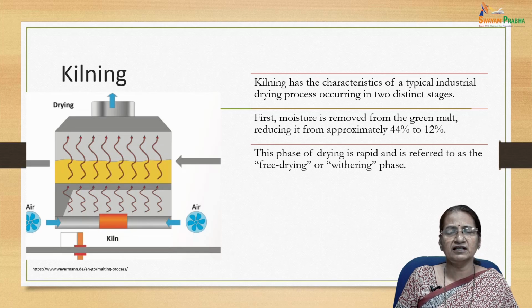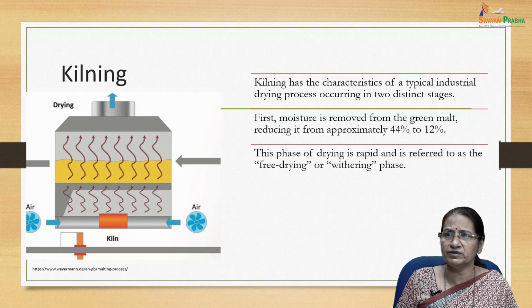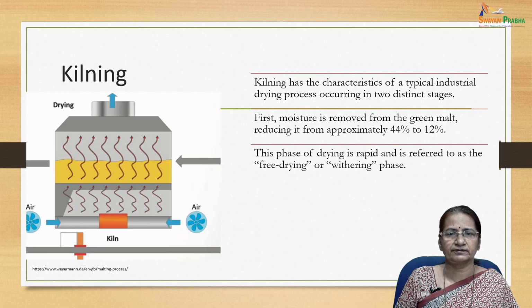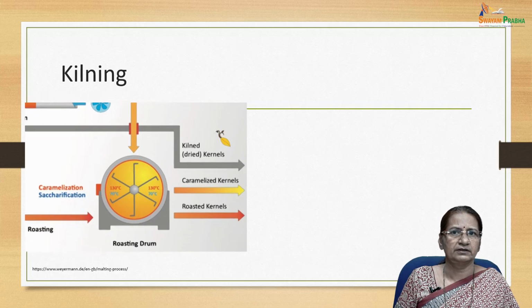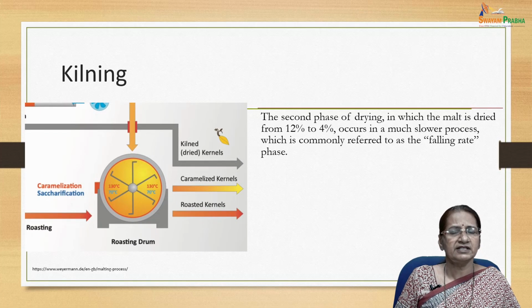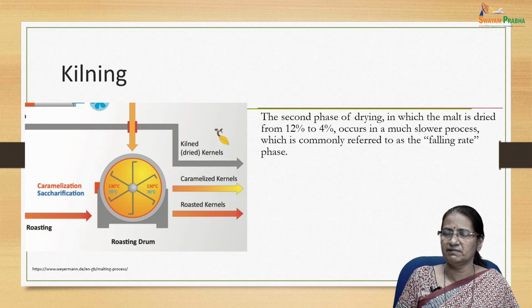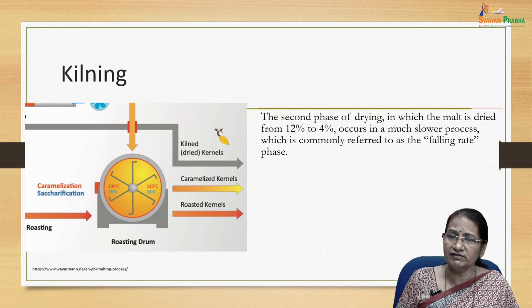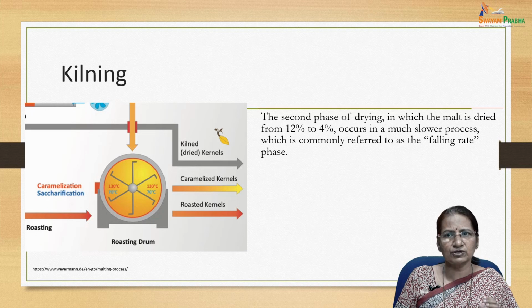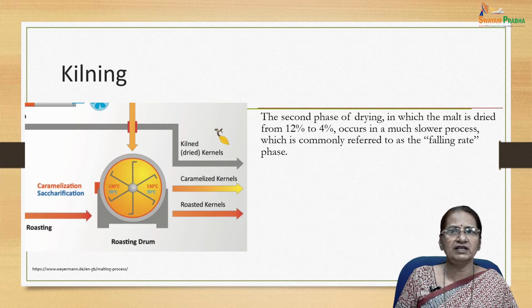This phase of drying is rapid and is referred to as the free drying or withering phase. The second phase of drying, in which the malt is dried from 12 to 4%, occurs in a much slower process, which is commonly referred to as the falling rate phase.